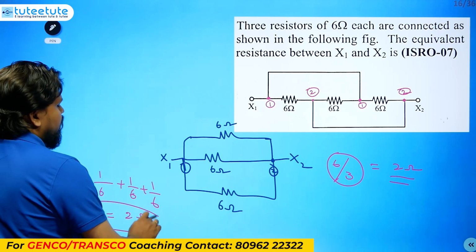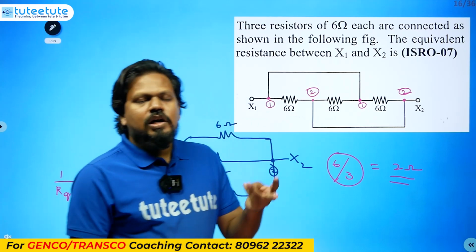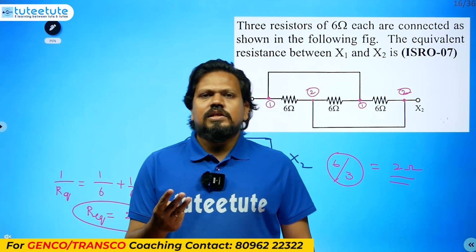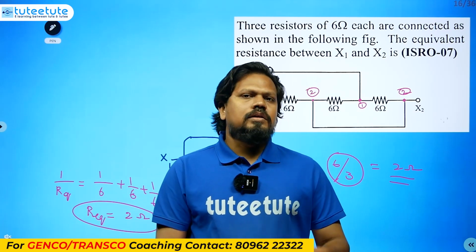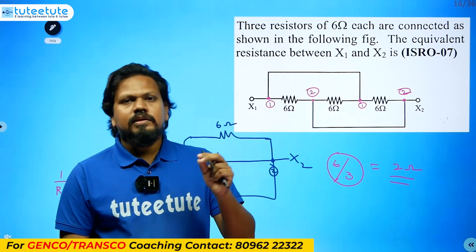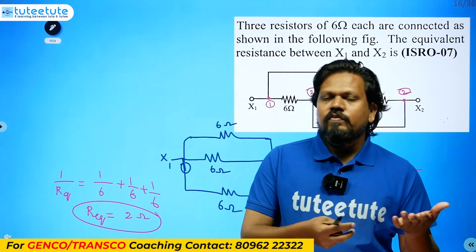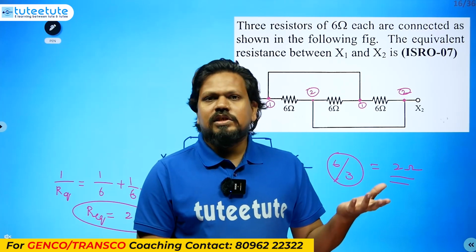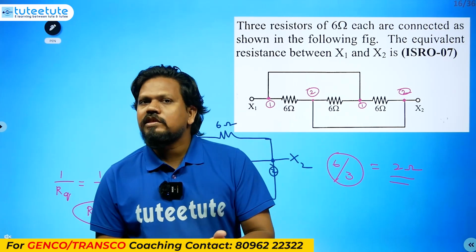Directly we have to remember: if 3 resistances of equal values are connected in parallel, the equivalent is that resistance value divided by 3. If 10 same resistances are connected in parallel, then that resistance value divided by 10.